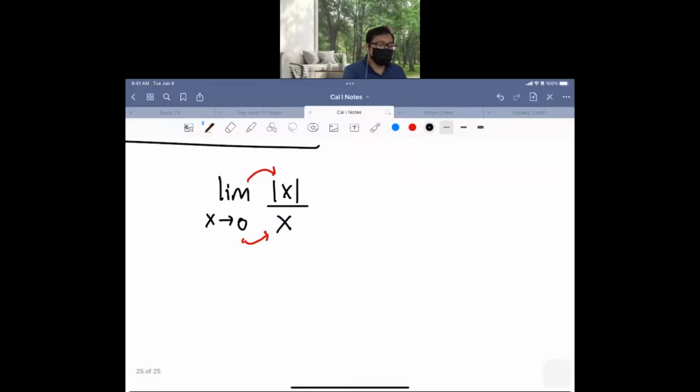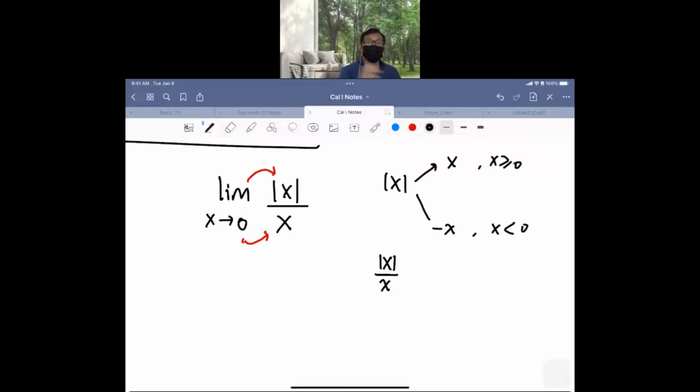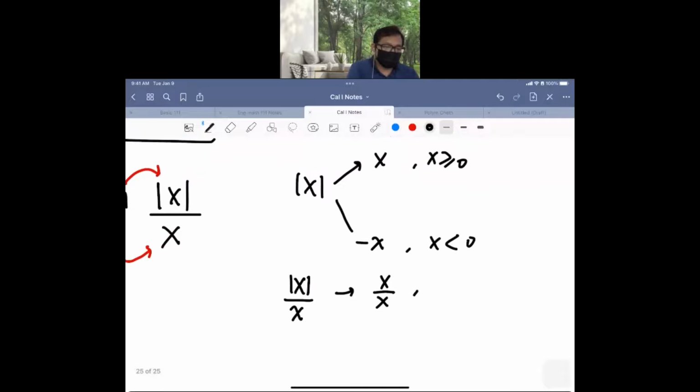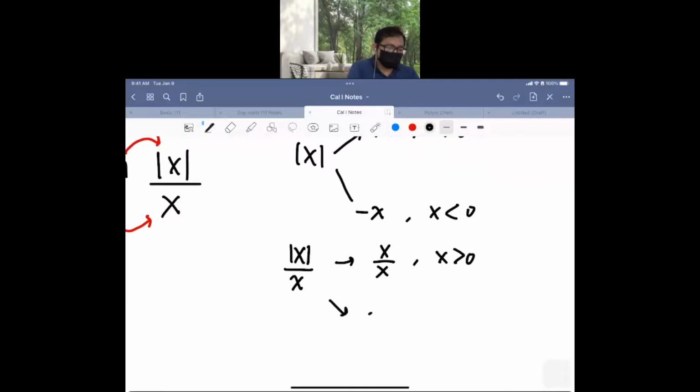The best way to deal with this type of question is, because we know that the absolute value of x can be positive or negative, so when we add the over x, since the domain itself excludes x equals 0, this will be x over x, which is for positive x, and this will be equal to negative x over x when x is negative.